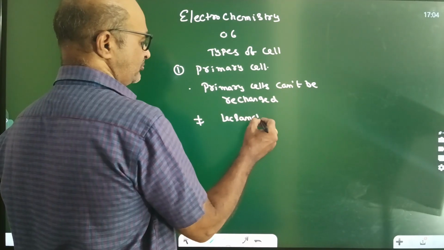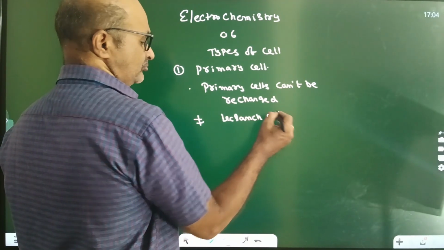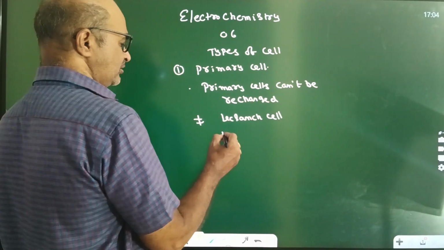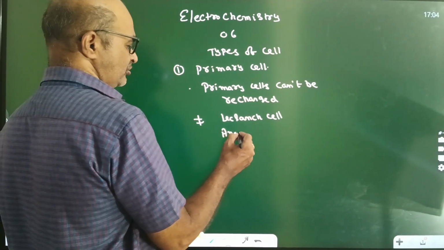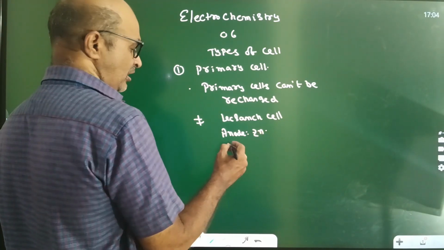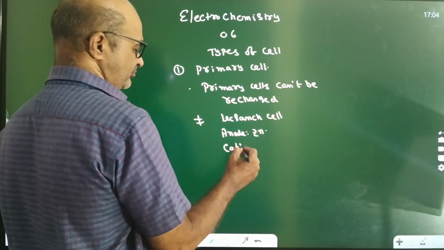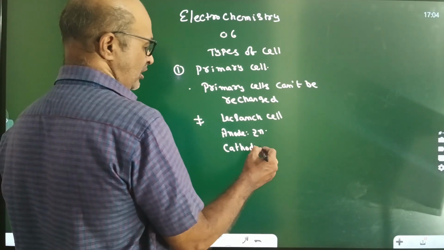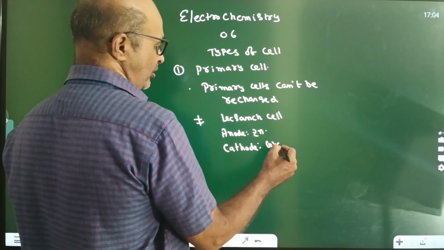Leclanché cell. In a Leclanché cell, the anode is zinc and the cathode is a graphite rod.